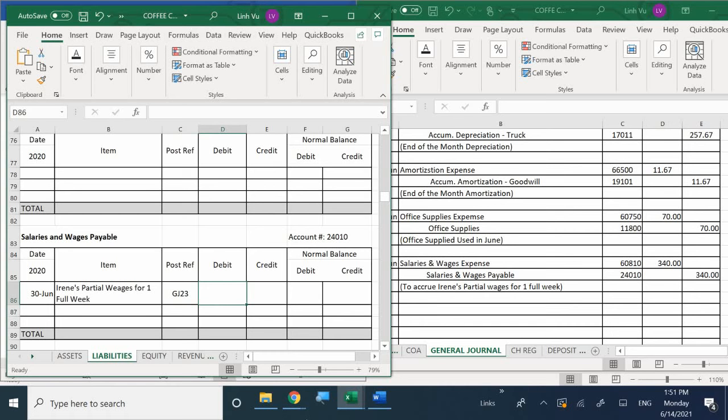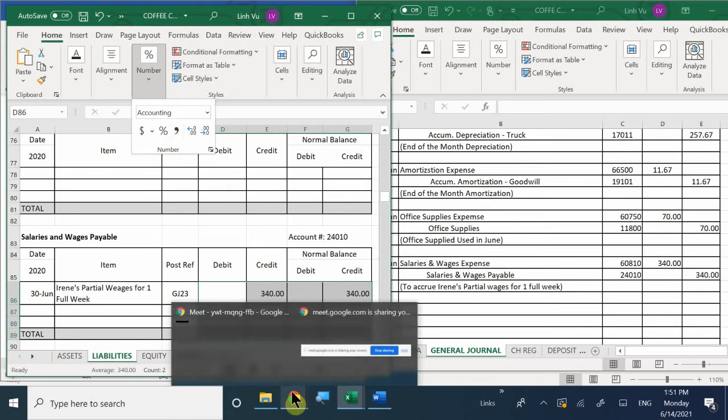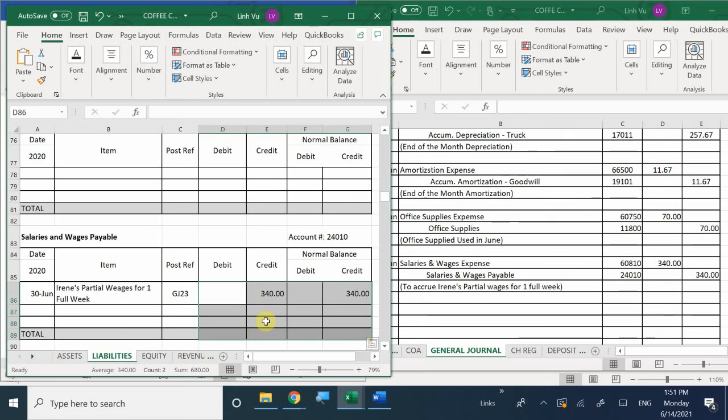The credit of 340. And that's it. Mm-hmm.